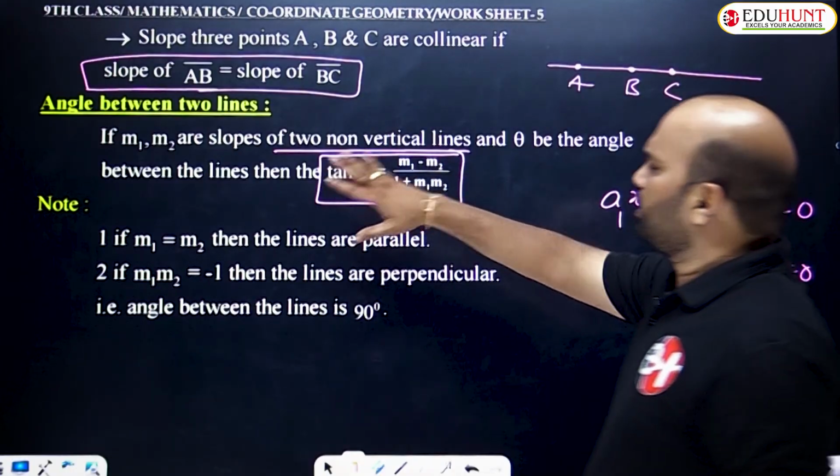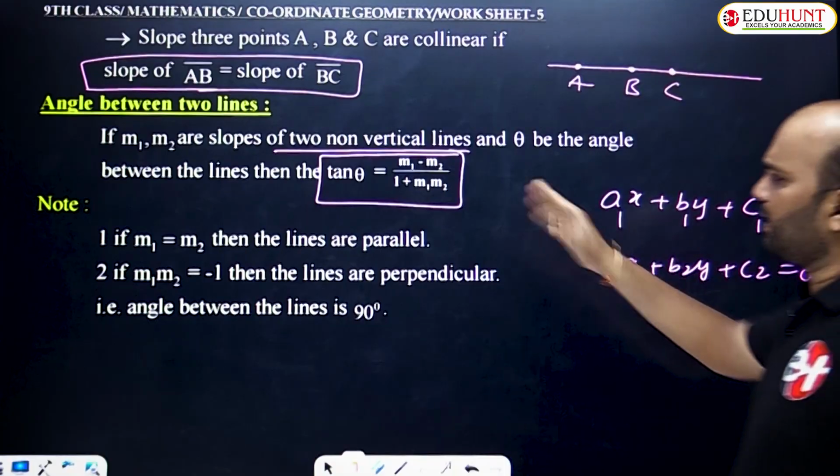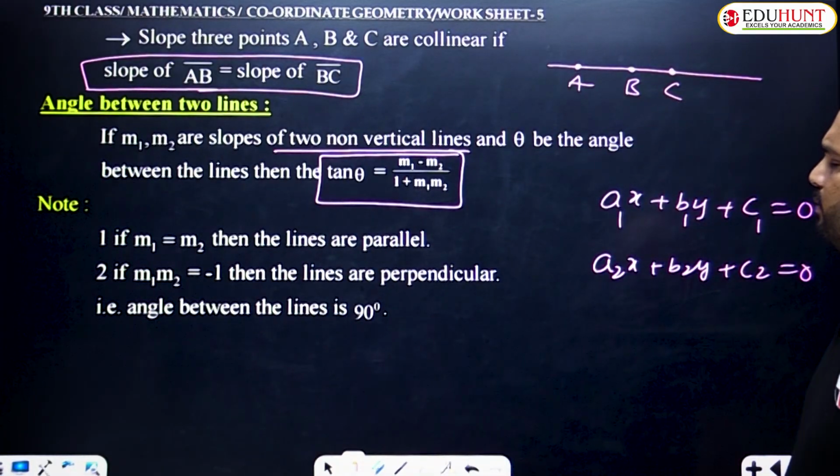So m1, m2 are the slopes of two non-vertical lines, and theta is the angle between the two lines. Then tan theta equals m1 minus m2 by 1 plus m1 into m2. So what is the note?